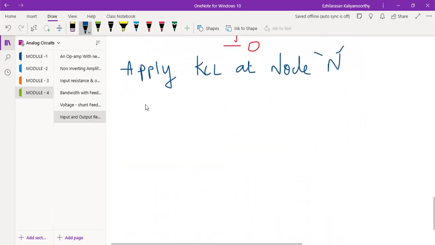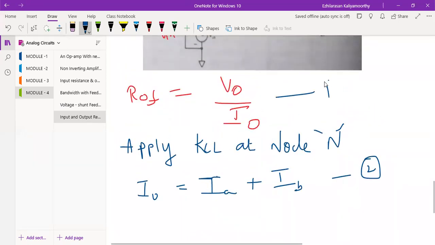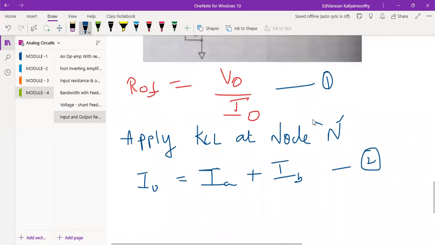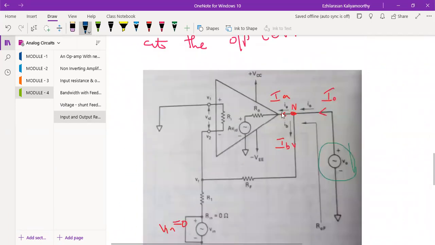When you apply KCL at node N, what happens? The incoming current is nothing but I naught, as you know, is equal to the outgoing current, IA plus IB. So now I will consider this as expression number 1. Now let us see the current IA. Where is it going? The current IA will be through R naught.